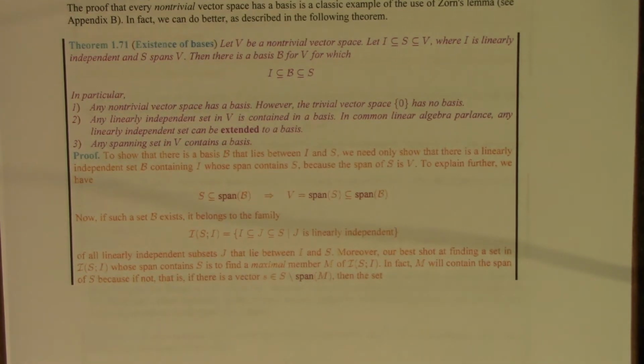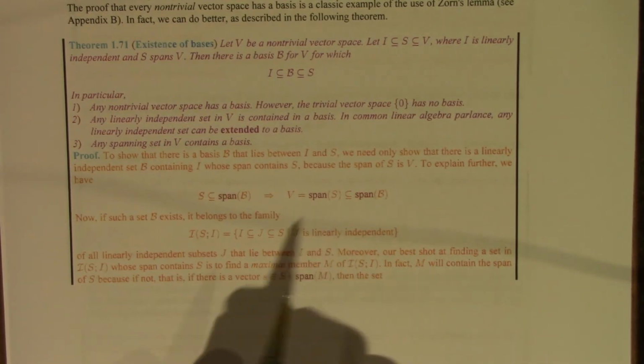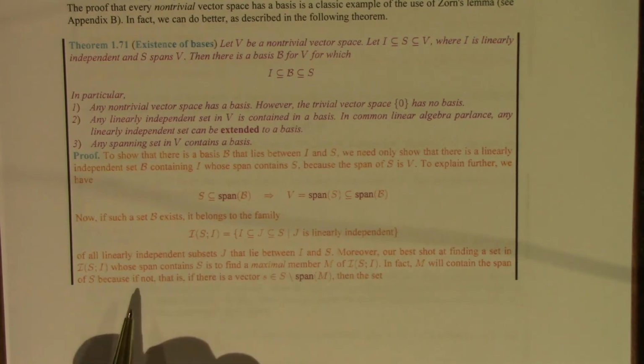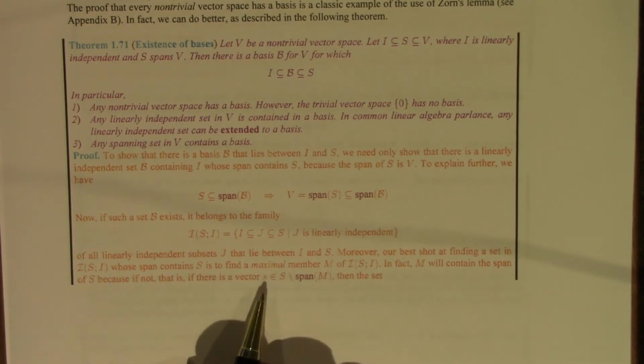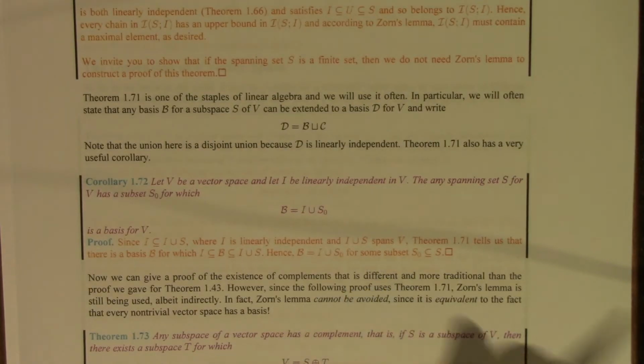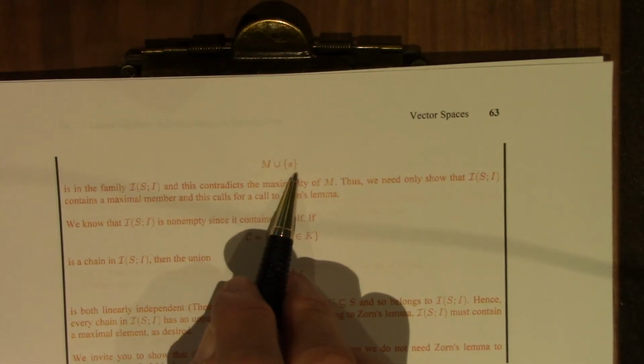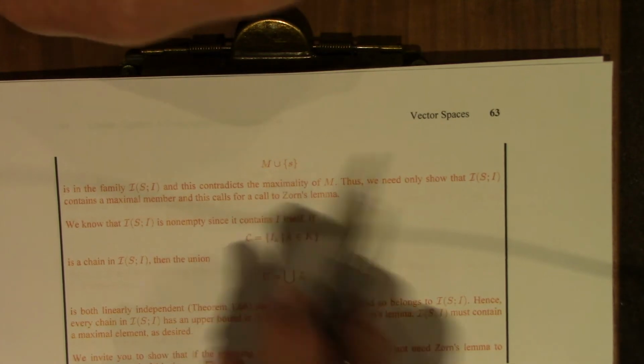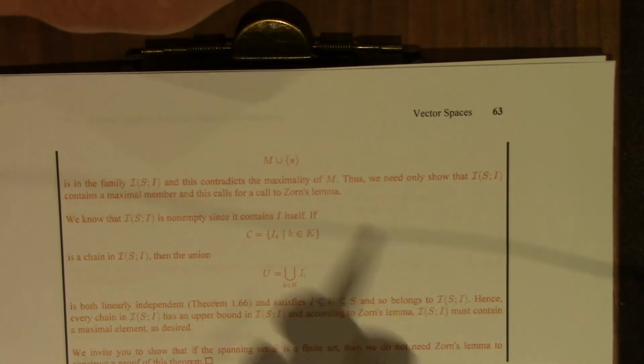In fact, it will, because if it did not, there would be a vector little s in S that wasn't in the span of M. But since M is linearly independent, we can enlarge M with the vector little s, and that will still be linearly independent.